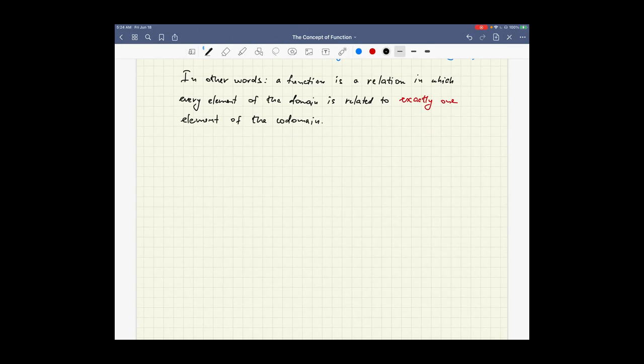Now, there is special notation for relations that are functions.